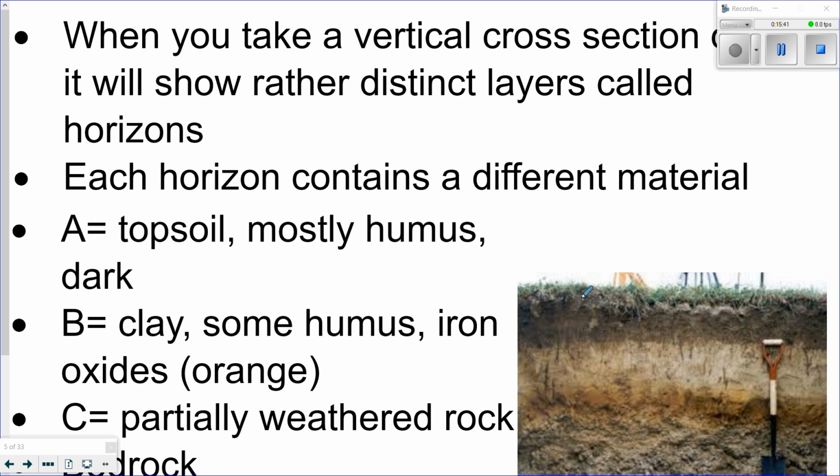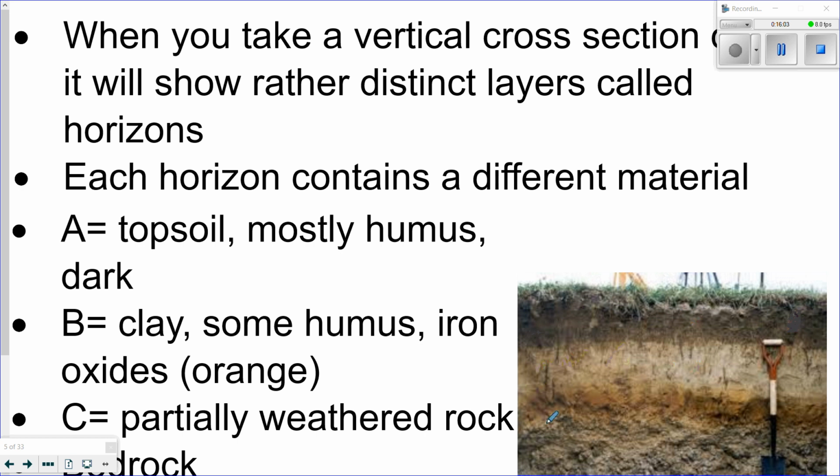So up at the very top is that A horizon. You may have also heard this referred to as an O horizon, where the organic material is. But this A horizon up at the top is mostly topsoil, mostly that humus. It tends to be a darker color.